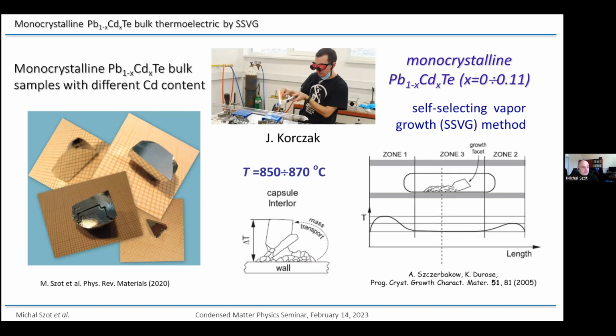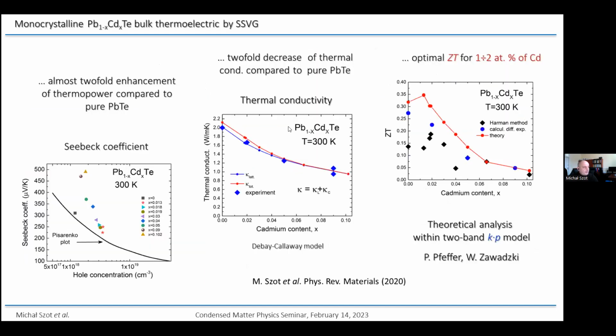Using this method, we have obtained high-quality monocrystalline lead cadmium telluride bulk samples with cadmium content of about 11%. And for such samples, we have observed almost twofold advancement of thermal power as compared to pure PbTe and twofold decrease of thermal conductivity as compared, of course, to pure lead telluride.